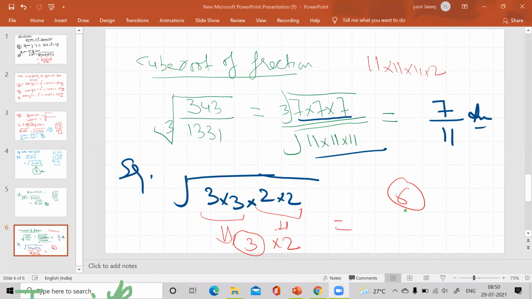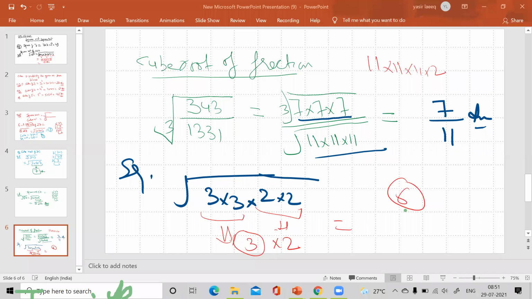Cube root. We will write as it is. Two numbers are given. 343's prime factorization is this, and 1331's is this.